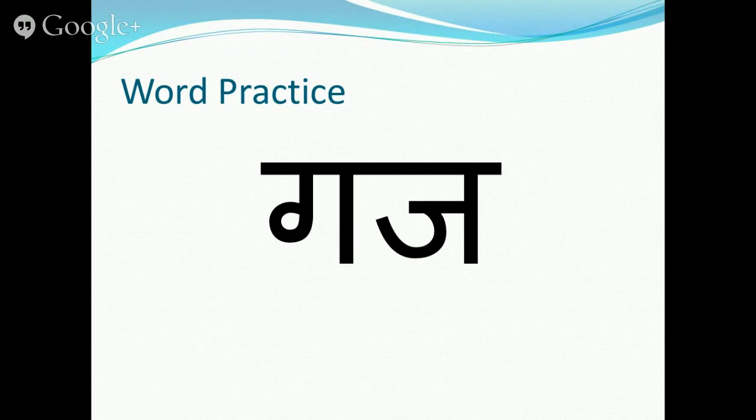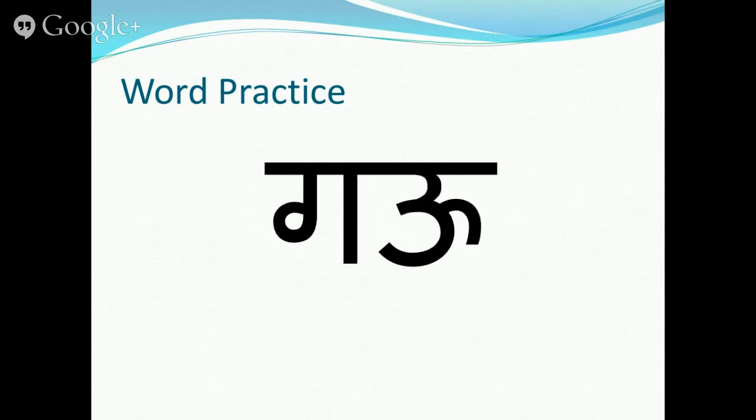This is ga. We don't know that second syllable. Moving ahead. This is ga followed by oo. Go.